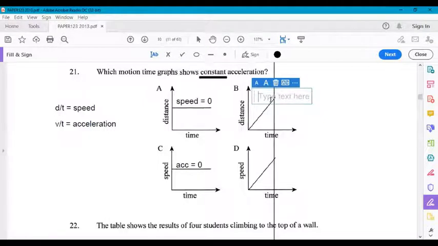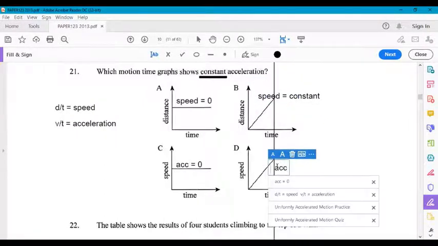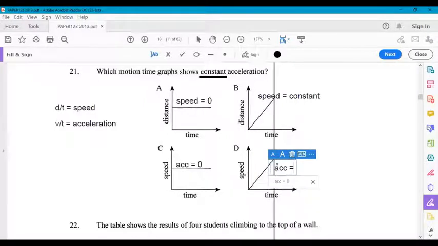So the slope here shows a constant value for speed. So speed is constant here. And this graph looks similar, but this is a speed time graph. So this means that the slope is telling us that the acceleration is constant.